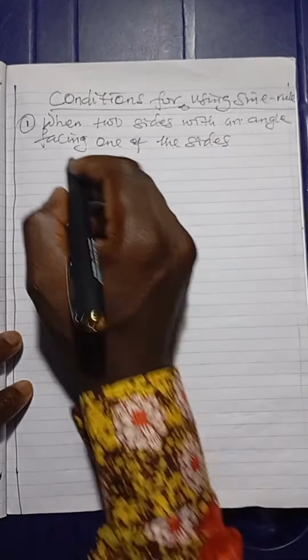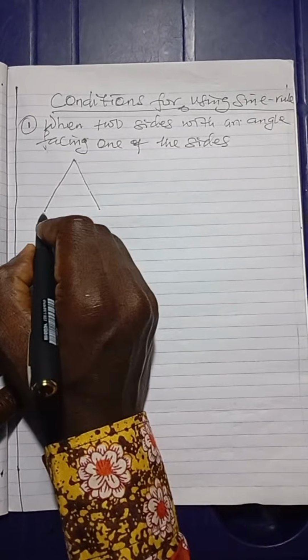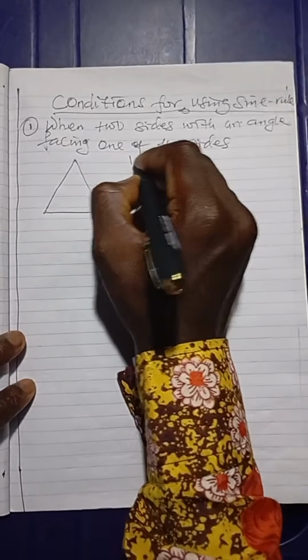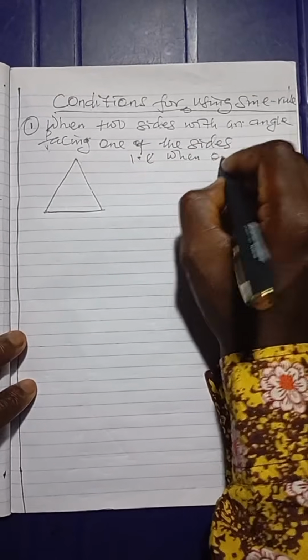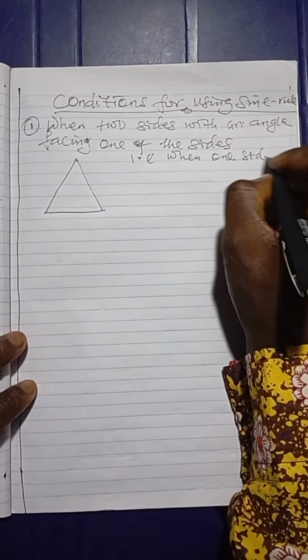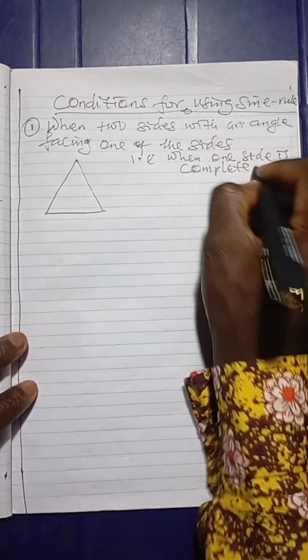Okay, see what I mean? Let's say we have a triangle like this. That is when one side is complete. Good.